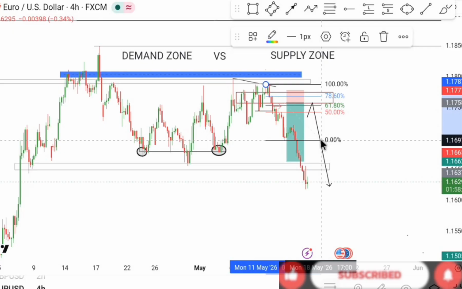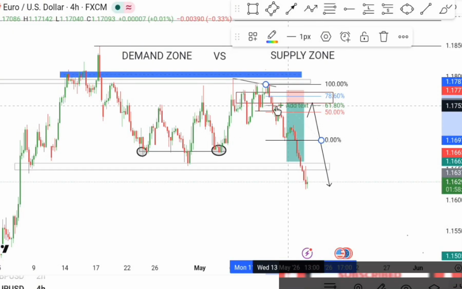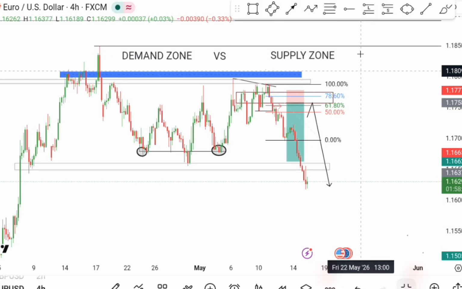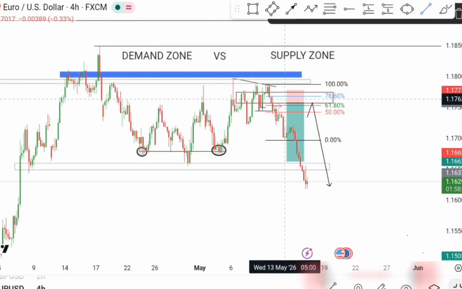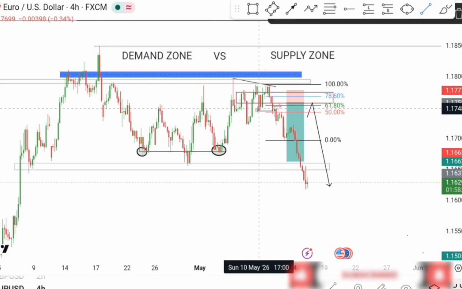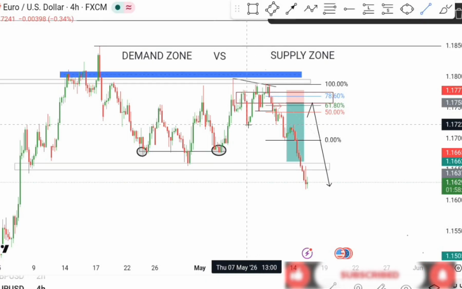But you can see above here where we placed our order, this had a lot of confluence. This is a very strong resistance point, and this a demand zone.